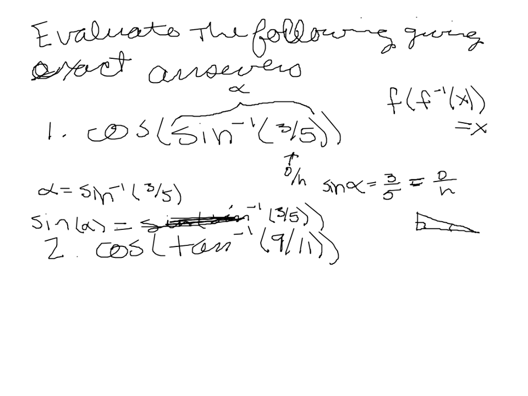Here's alpha, and the opposite side is 3, and the hypotenuse is 5. We can find the adjacent side is 4, and so what I'm evaluating is cosine. This becomes cosine alpha, which is adjacent over hypotenuse, 4/5.